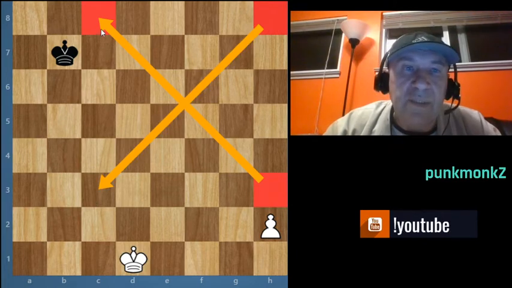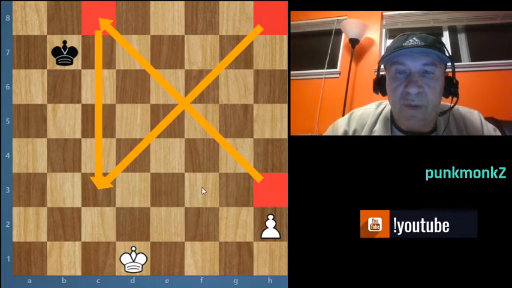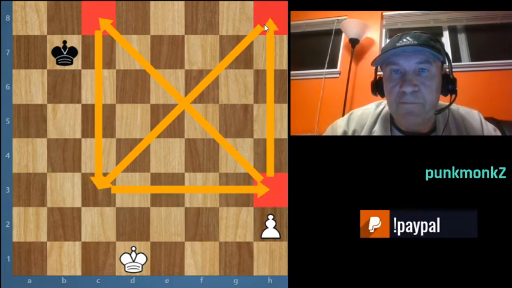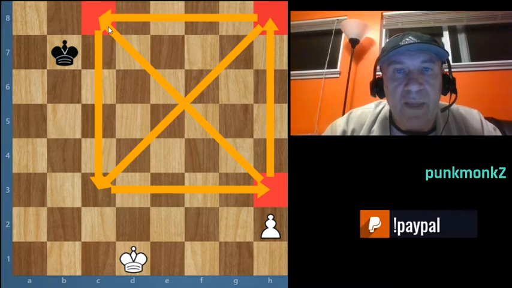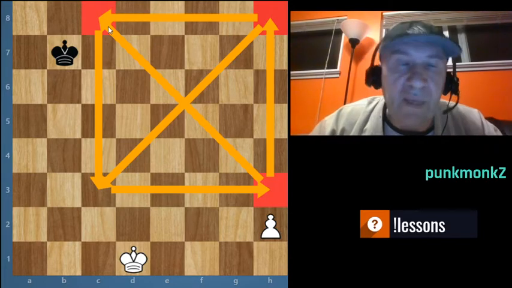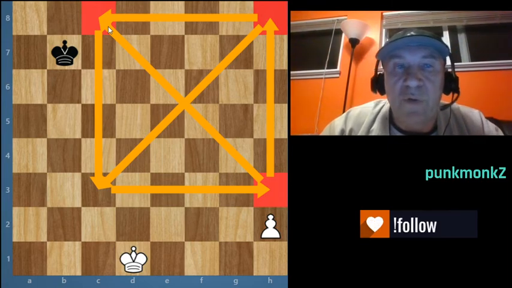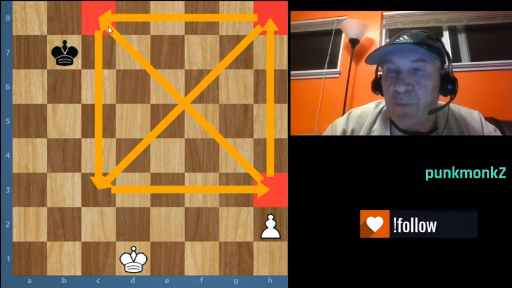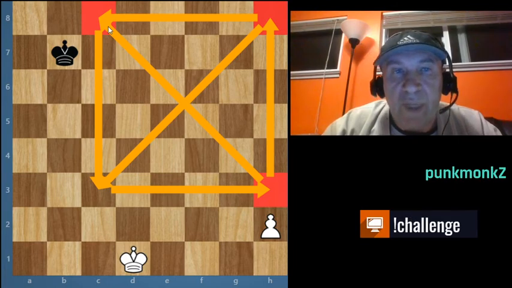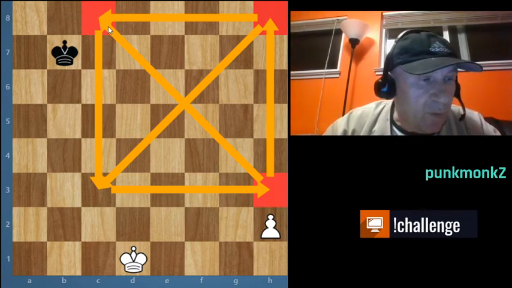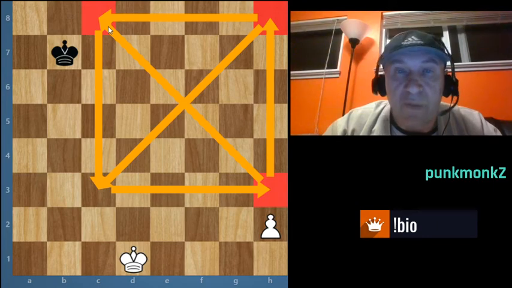So this is the square of the pawn, right? You see that? And so that's a slight adjustment if the pawn hasn't moved. But if the pawn has moved, then the first corner is always the corner where the pawn stands. But if the pawn has not moved, the first corner is always the square in front of the pawn.